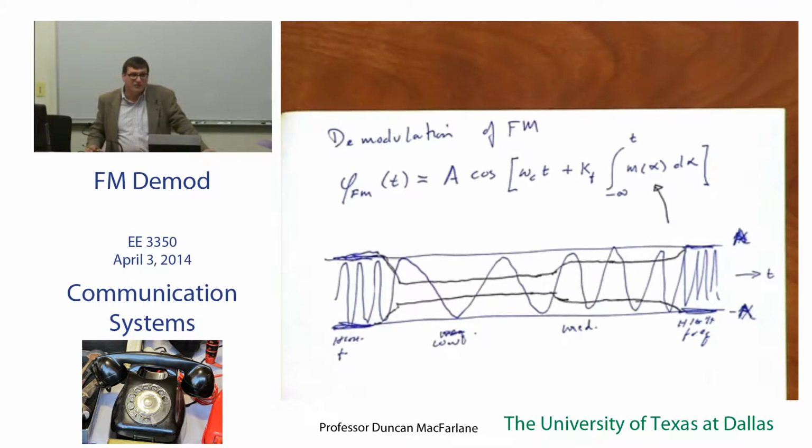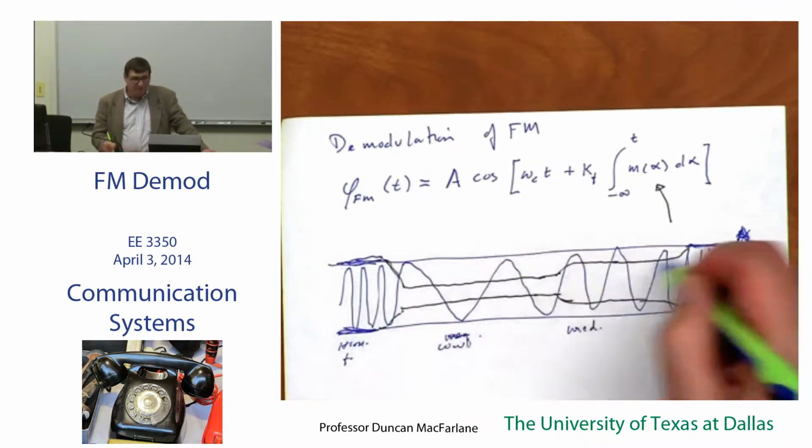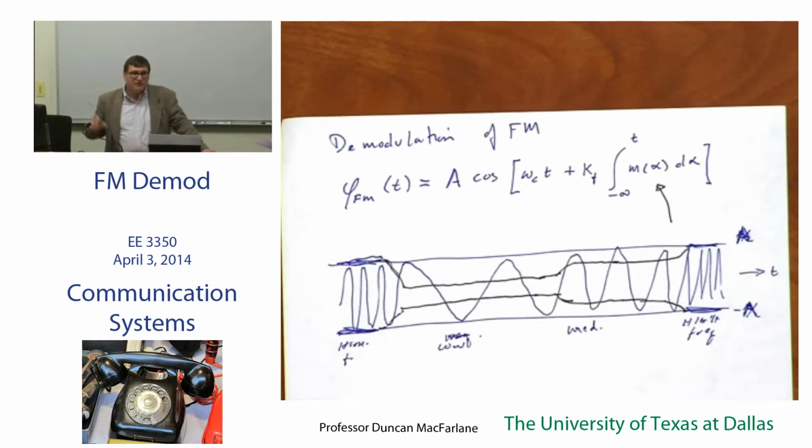So then you'd bring up any little wrinkle on your envelope. You'd bring that up to a constant amount. Now there'd be distortion of your signal, but you don't necessarily care about distortion of your signal.